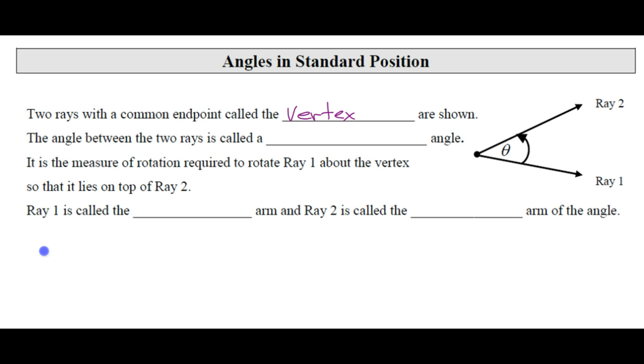I don't know why we don't just put them in there, but maybe writing the word helps. So it's a rotation angle, right? So what you imagine is you're starting at ray 1. Sorry, this is a different sheet. The two rays are called the initial arm and the terminal arm.